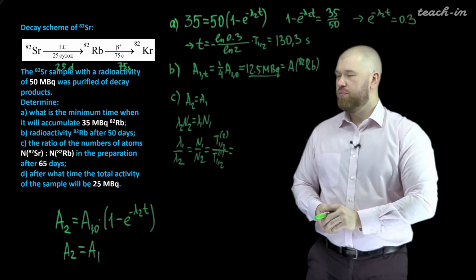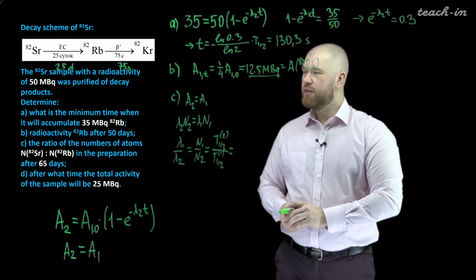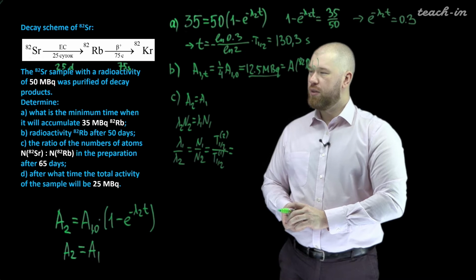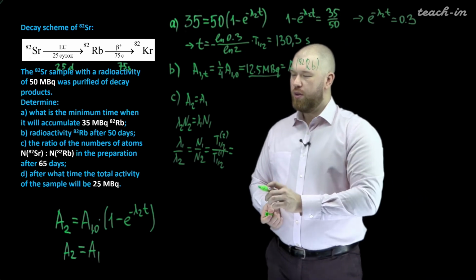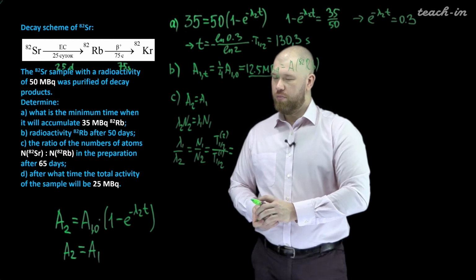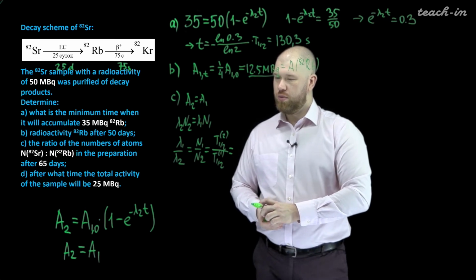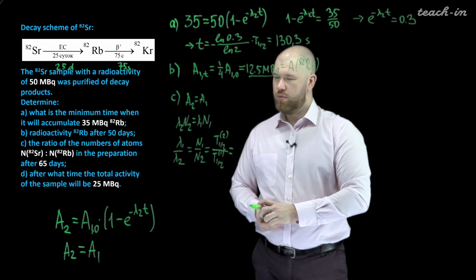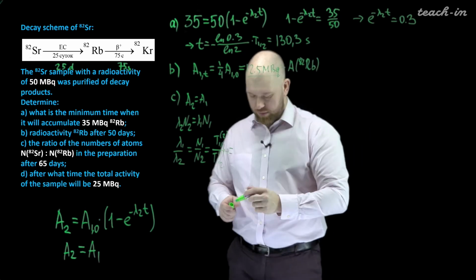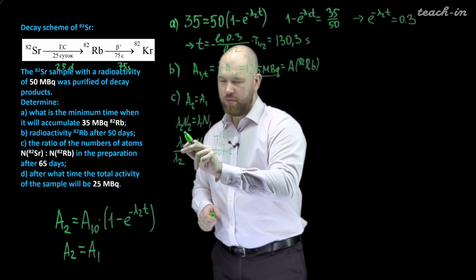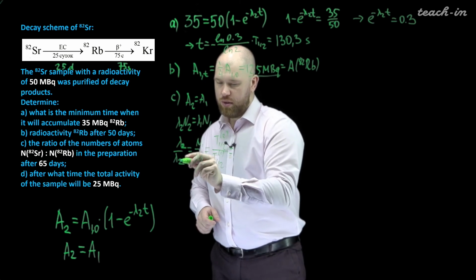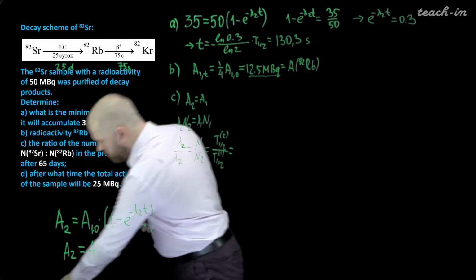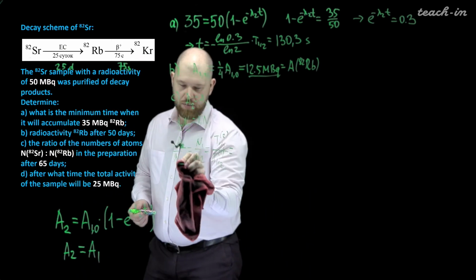So that means that this ratio will be as follows. Here again I am not correct. Here it should be lambda 2, and here lambda 1.